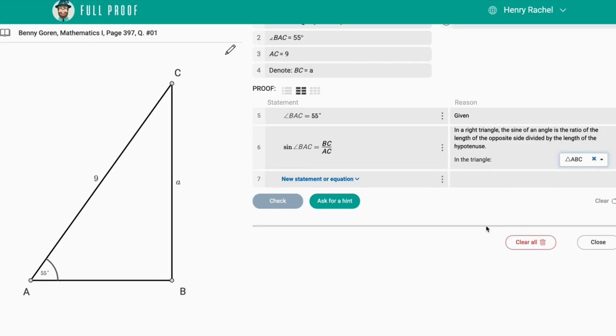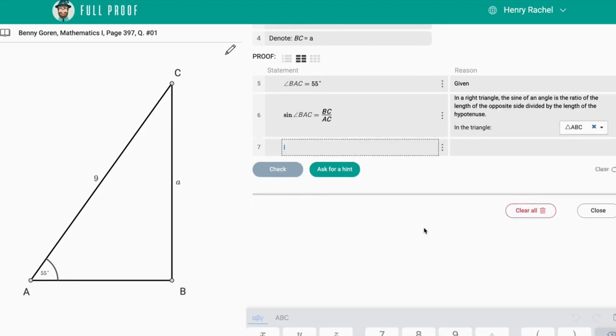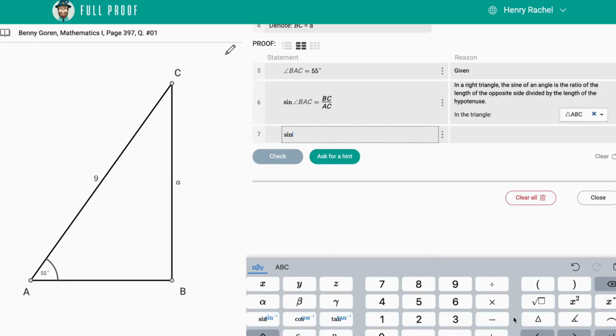Perfect. All right. So let's just restate what we already said, combining these two statements. So let's now say, instead of saying sine of BAC, let's just call it sine of 55 degrees.